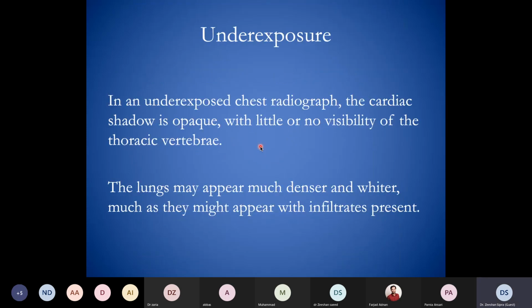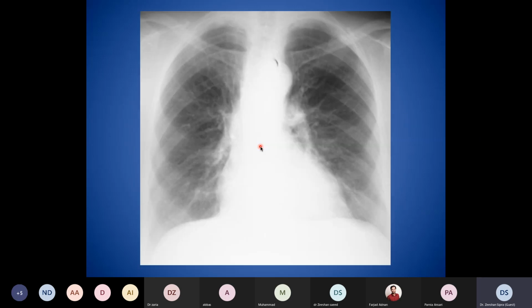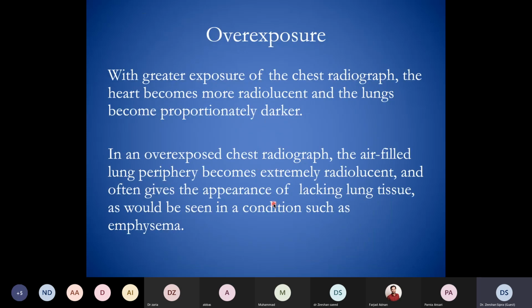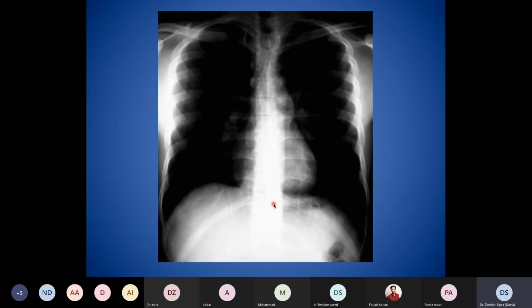So underexposure, for a layman, is a white film that is underexposed. For example, over here, we cannot appreciate the spine. It's not penetrated. Overexposure is a black film.